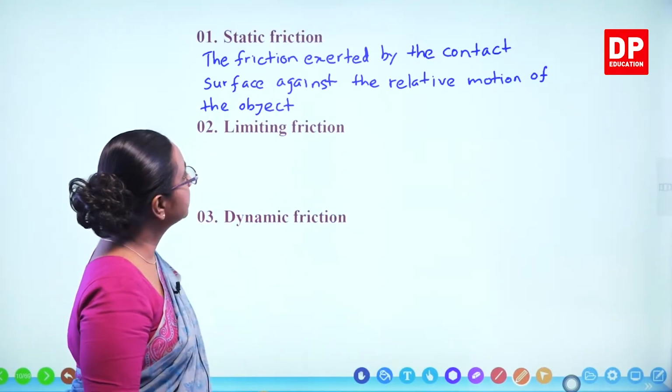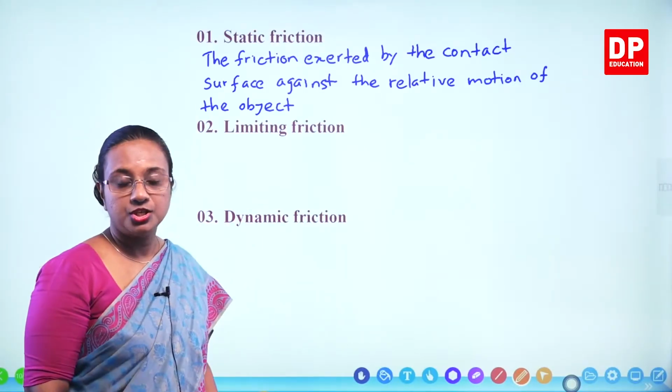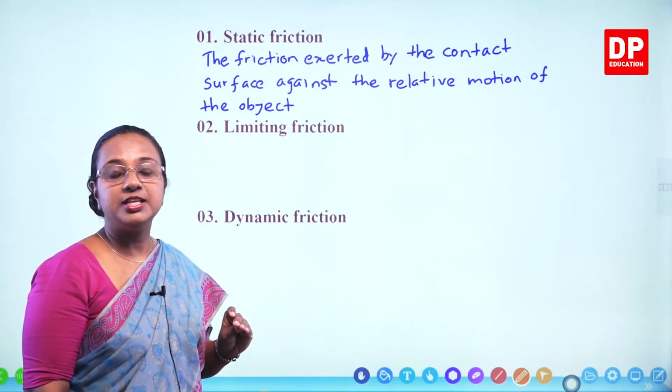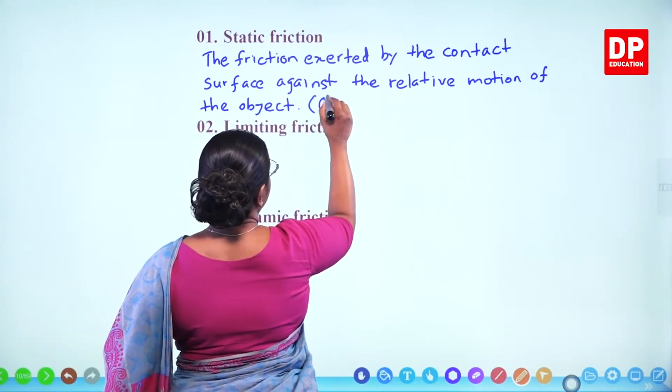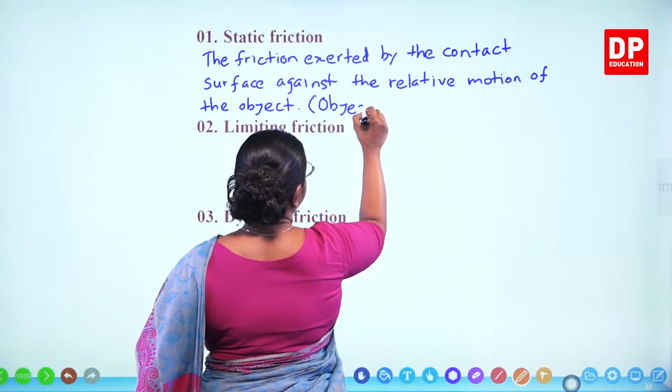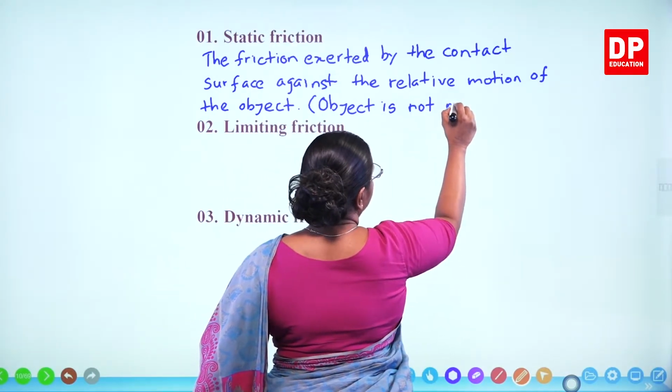So this is the friction that is known as static friction. So that is when the object is not moving. So here I can say object is not moving.